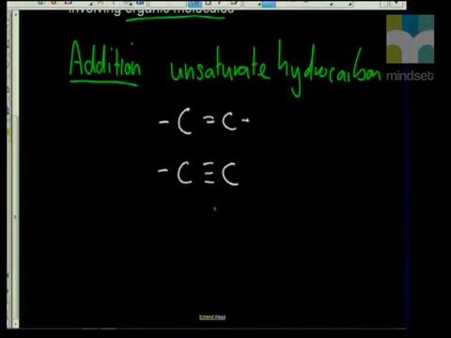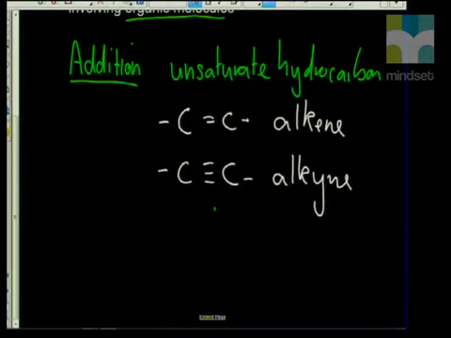So in either of those cases, alkene or alkyne, if you look at them carefully, what you'll recognize is the number of partners that this carbon here has. It's only really got a partner over here, which I'm going to call X, and another partner over here. That's only two partners.